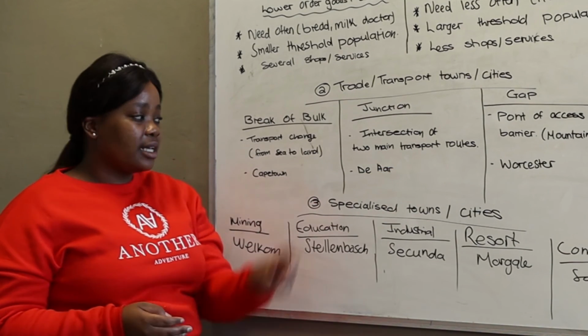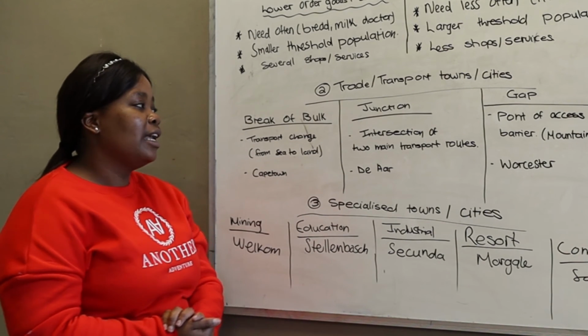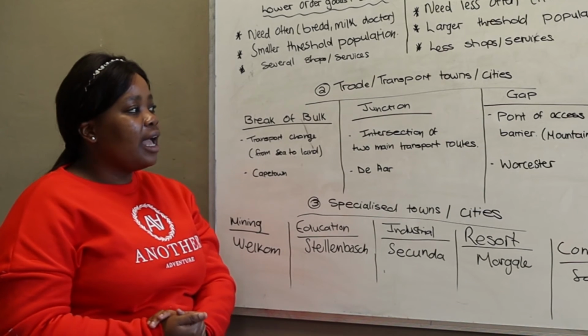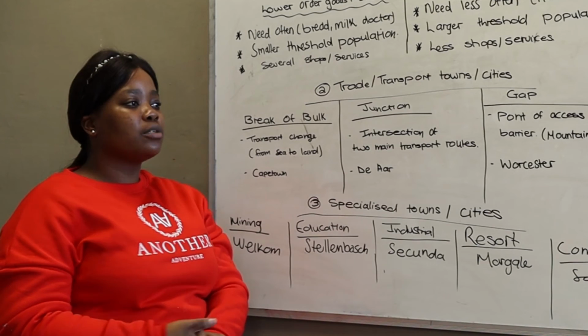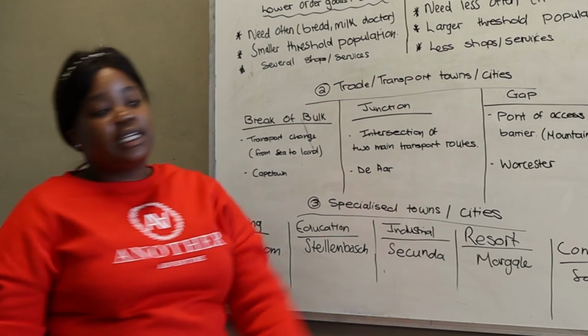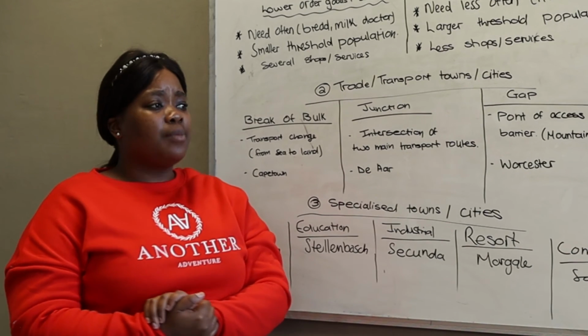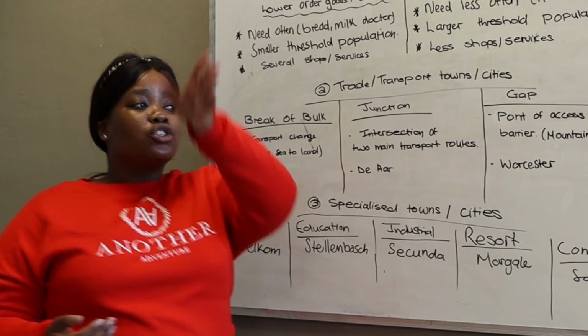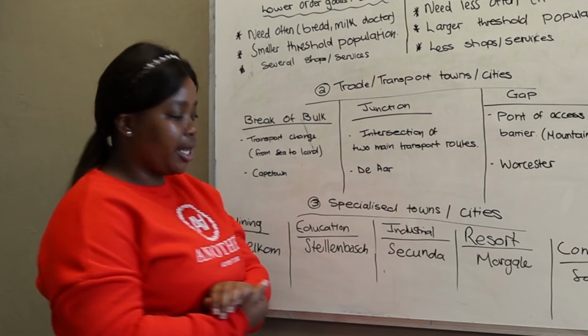So there is an example of junction. And a gap is a point of access through a physical barrier, like a mountain pass. An example is Worcester. When you go to Worcester, either you take the tunnel or you go on top of the tunnel. That's where you will see the mountain pass, the physical barrier.